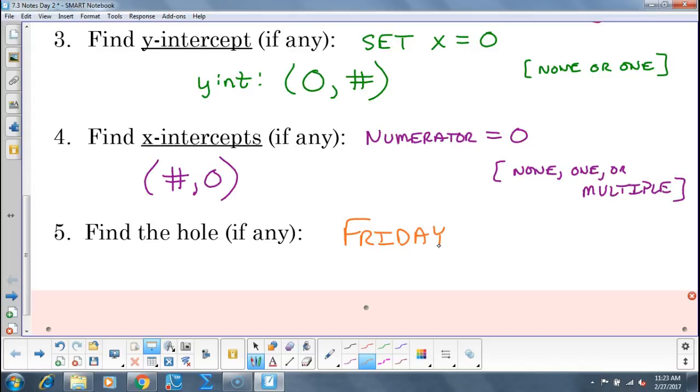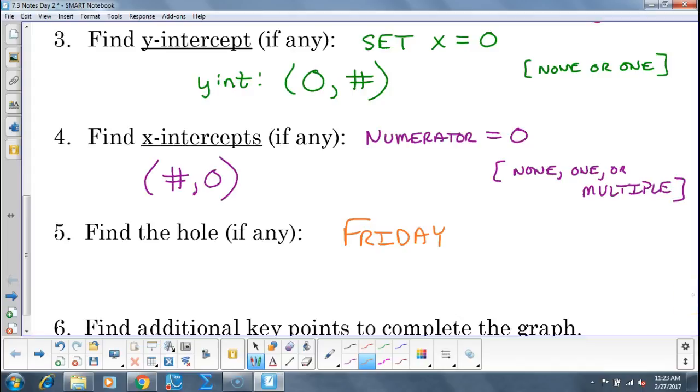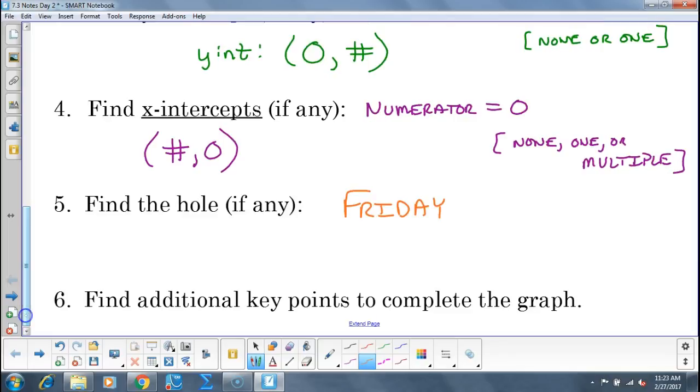And then our last step is we find any more points that we need to graph it. So that might be 1 more point you need. It might be 5 more points that you need. That's for you to figure out how many more points you need.